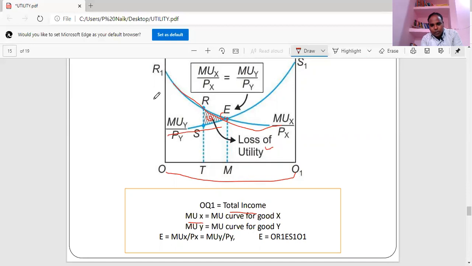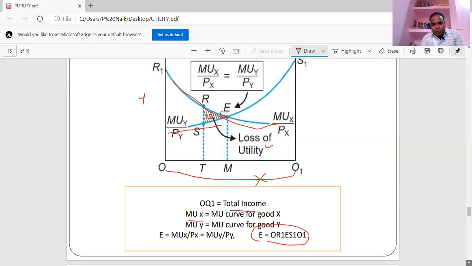And this point E is where marginal utility x upon px equals marginal utility y upon py. Then we are saying the equilibrium point is here, equal to OR1, ES1.